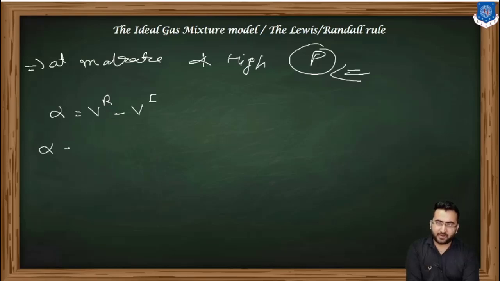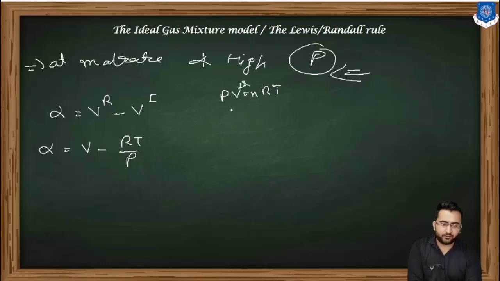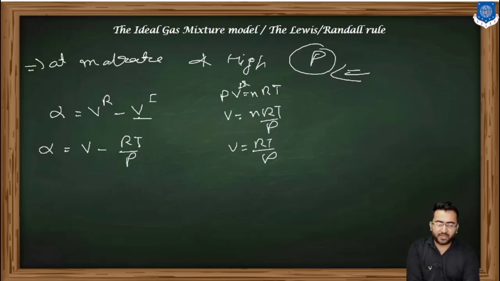So we can say that alpha is given by V minus RT upon P. We know that for an ideal gas, the equation of state is PV equals nRT, so this becomes our ideal V. So V is equal to nRT upon P. For one component, this becomes RT upon P. So we can write V ideal is equal to RT upon P.